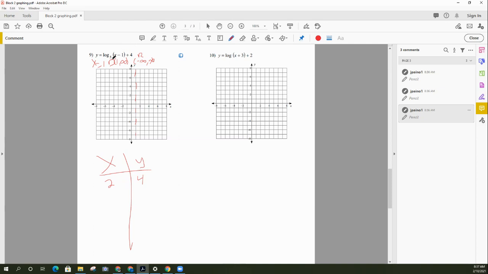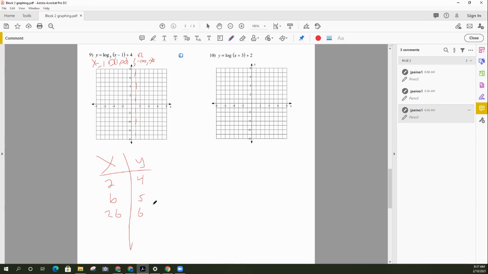All right, then I take the base, I raise it to the first, so 5 plus 1 is 6. I plug in 6, I get log base 5 of 5, which is 1. 1 plus 4 is 5. Now, because my base is so big, I'm going to be off the table, but 5 squared is 25. 25 plus 1 is 26. And I plug that in, you get 6.